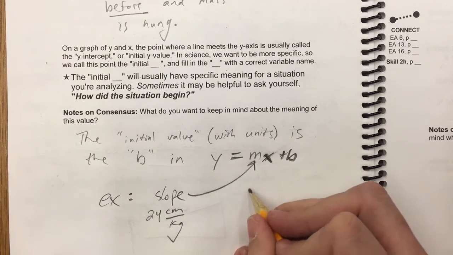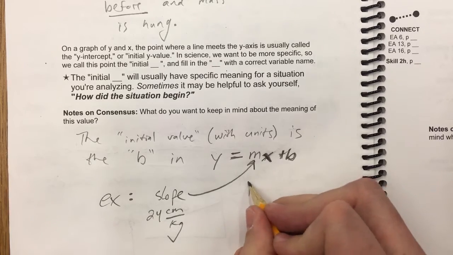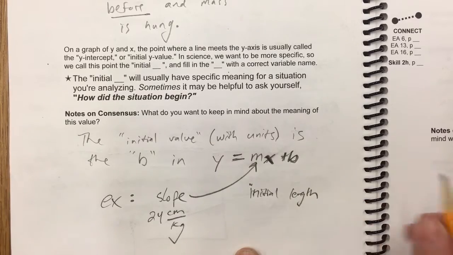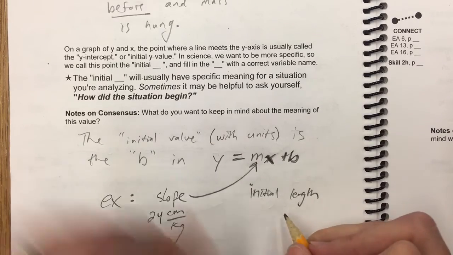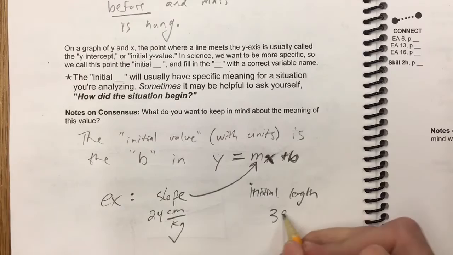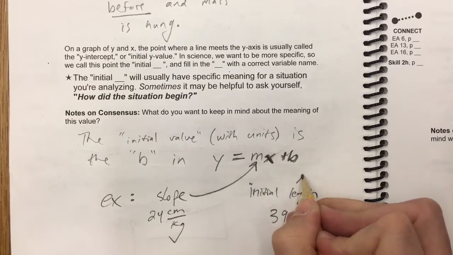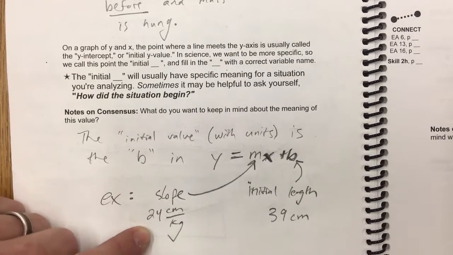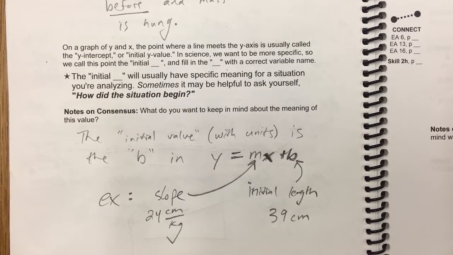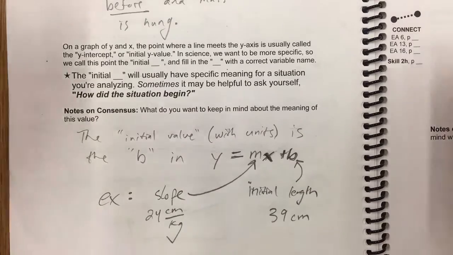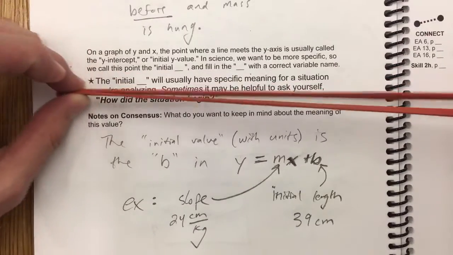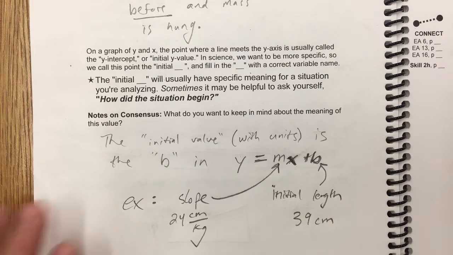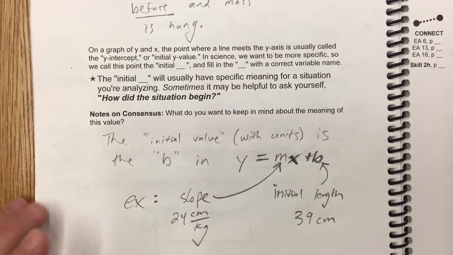And some people calculated that the initial length of their rubber band was 39 centimeters. So that would be the b. So we've got information about the slope, how the rubber band changes length when we add mass, and the rubber band stretches out like that. And the initial length, what the length of the rubber band is before we do anything at all.